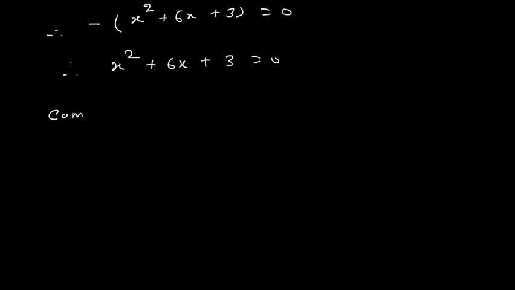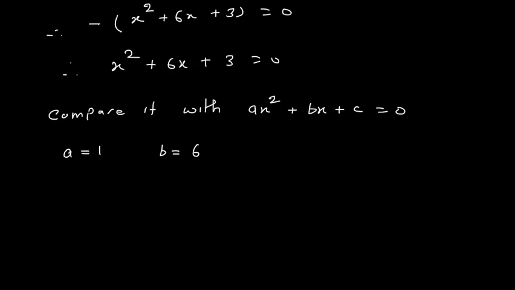We compare it with ax square plus bx plus c equal to 0. So when we compare, we get the value of a as 1, the value of b as 6 and the value of c as 3. So a is 1, b is 6 and c is 3.